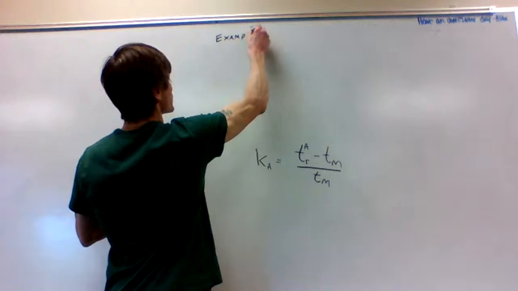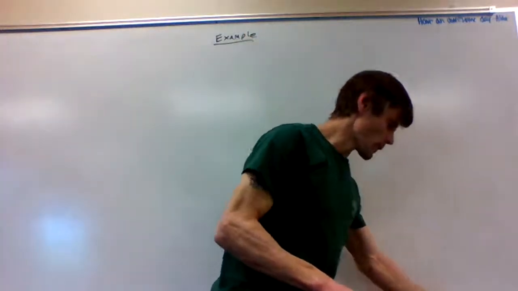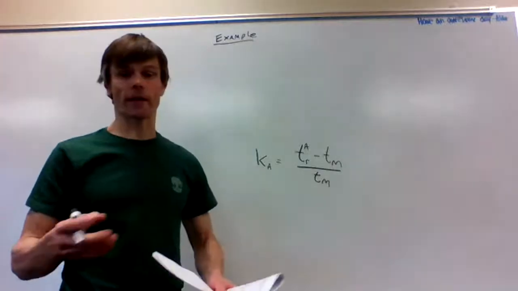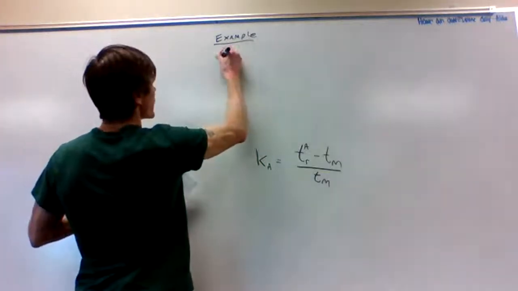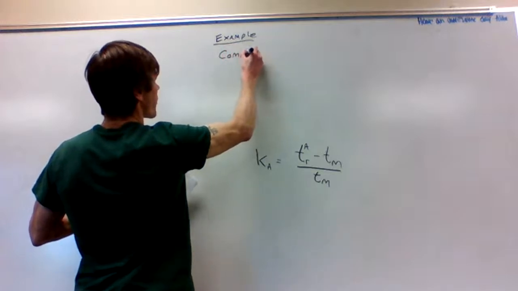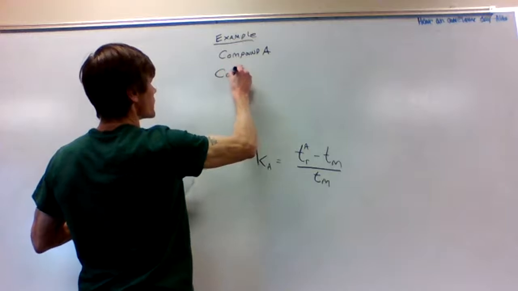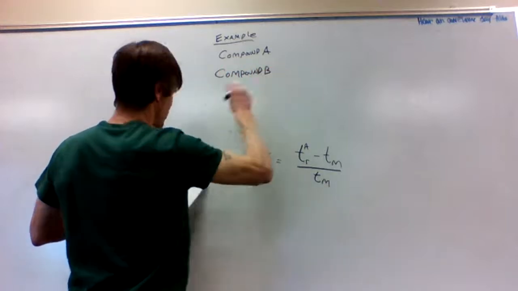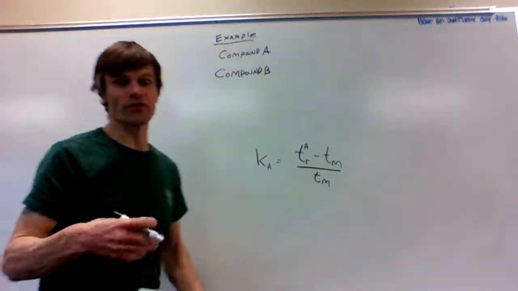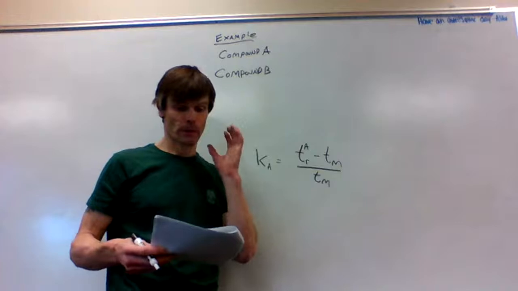we're going to look at our data that's given to us, and we're going to look at a mixture that's composed of two compounds. We have compound A, and we have compound B. And we're going to separate them using column chromatography.